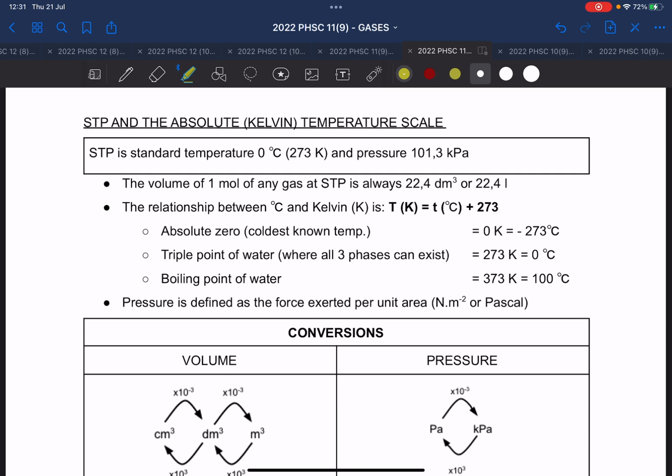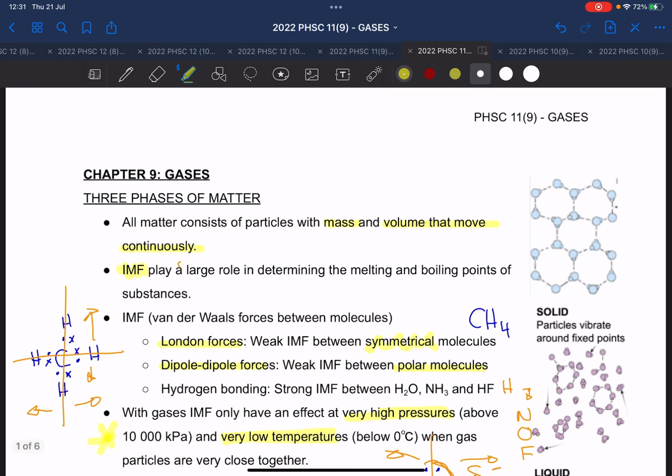Why does there need to be a standard temperature and pressure? Yes, exactly, for experiments. So, let's say we just learned that.